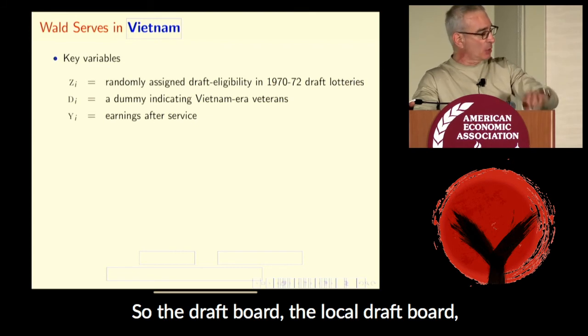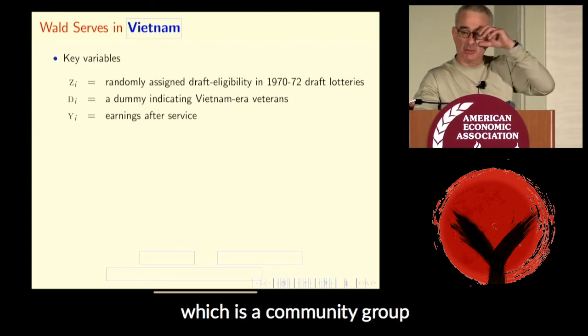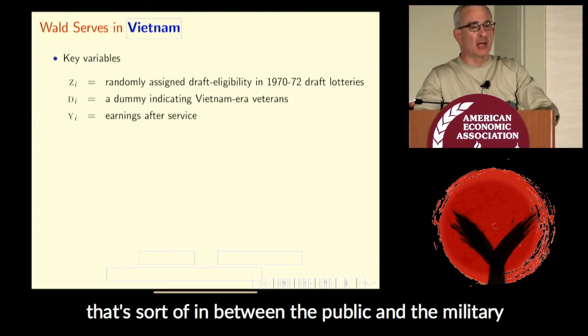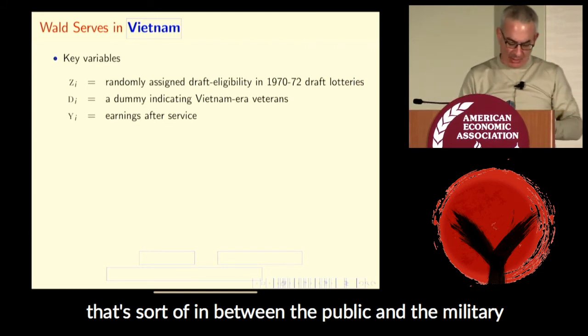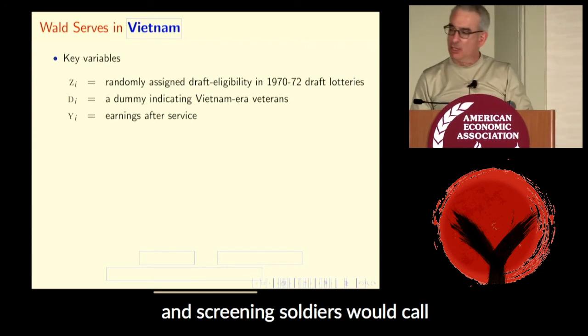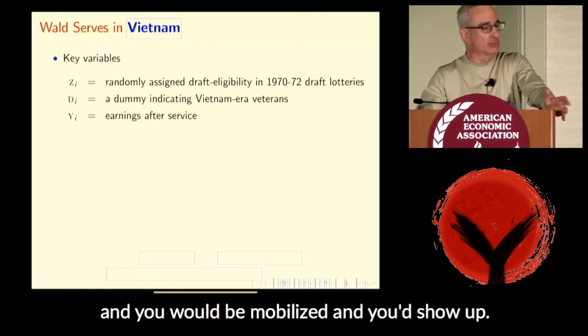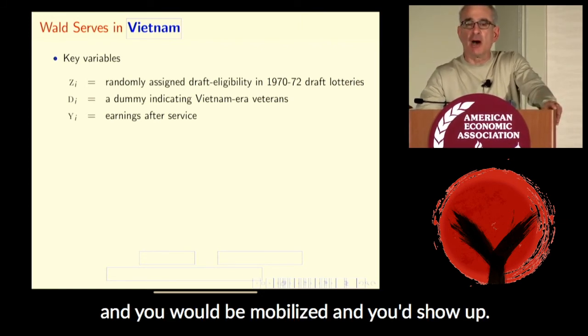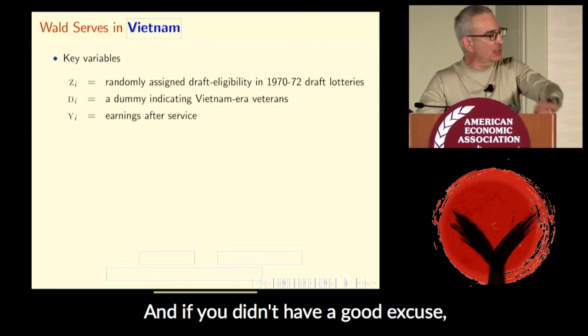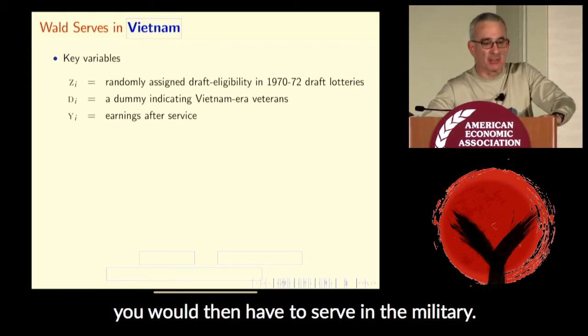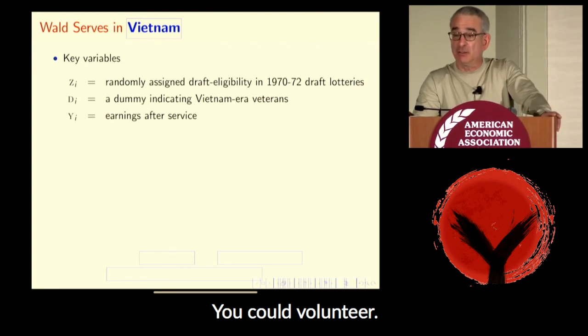So the local draft board, which is a community group that's sort of in between the public and the military and screening soldiers, would call on behalf of the selective service system, and you would be mobilized and you'd show up. And if you didn't have a good excuse, you would then have to serve in the military. You could volunteer.